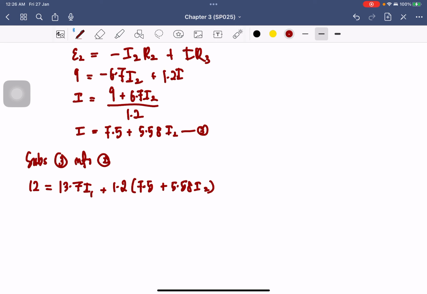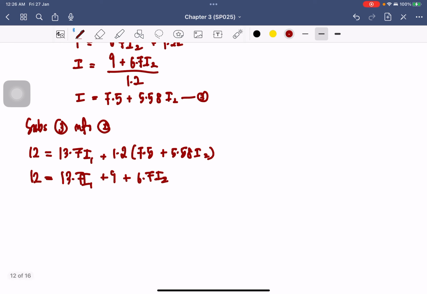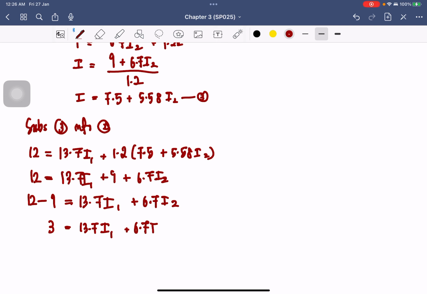So it's going to be 12 equals 13.7 I1 plus 9 plus 6.7 I2. Okay, so rearrange this, solve it. You will get this equation here. So this will be 3. So this is basically your fourth equation.